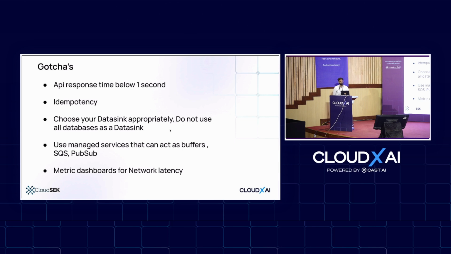You never know when you're talking about this scale when the services spike. All of a sudden you receive 200 million, 300 million messages in a single hour. That's when you need something like SQS. Metric dashboards for network latency are very important because you're talking about multi-cloud, and if some network goes down, it becomes a problem.